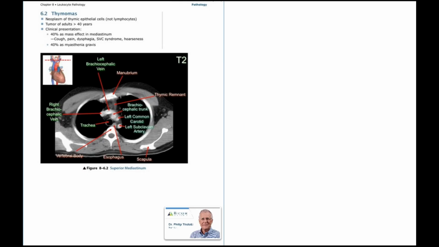The student must be comfortable in understanding the very different presentations of myeloid diseases, presenting as the cytopenias of anemia, thrombocytopenia, and neutropenia, versus the presentation of lymphoid diseases as lymphadenopathy, splenomegaly, and the B symptoms.